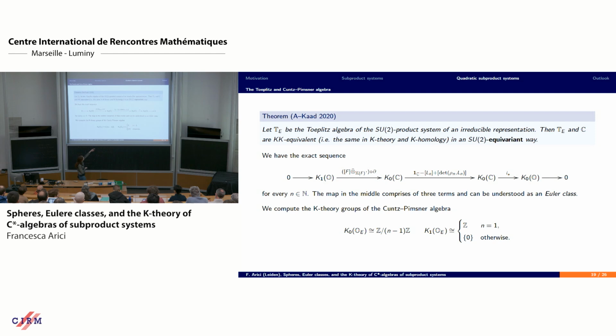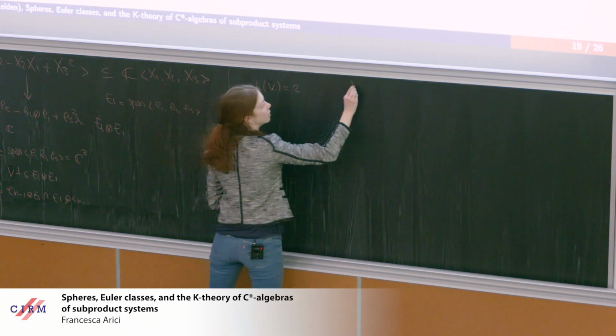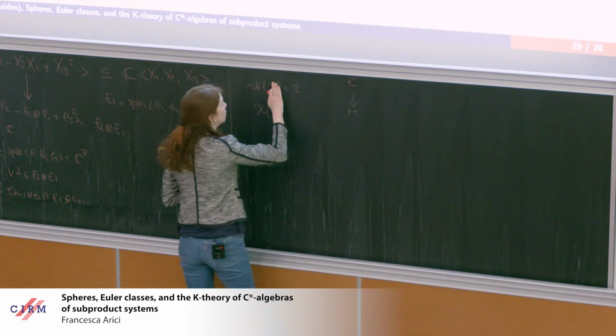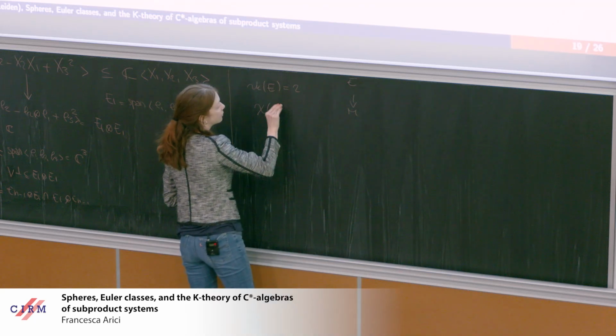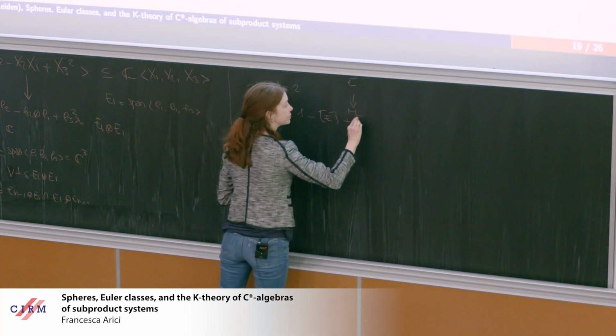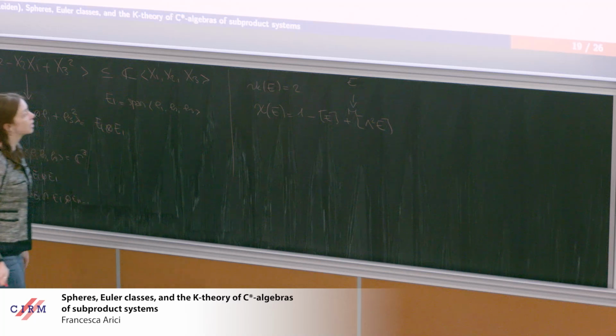So basically, if you think about a rank 2 vector bundle E, this is the Euler class: chi of E is 1 minus the class of E plus the class of the determinant line bundle.